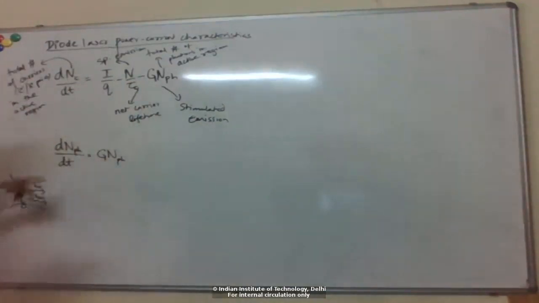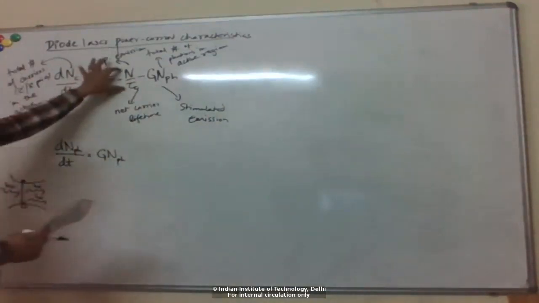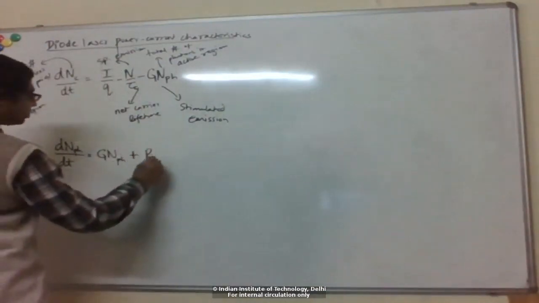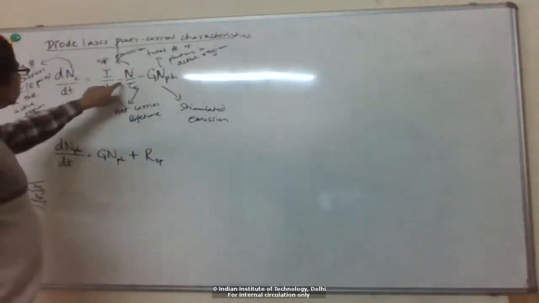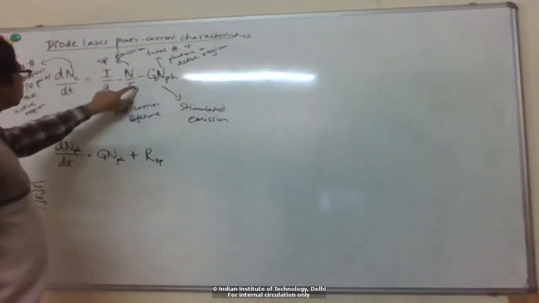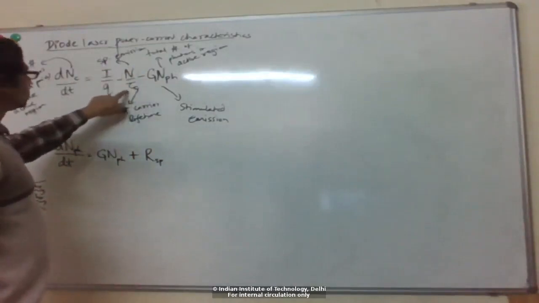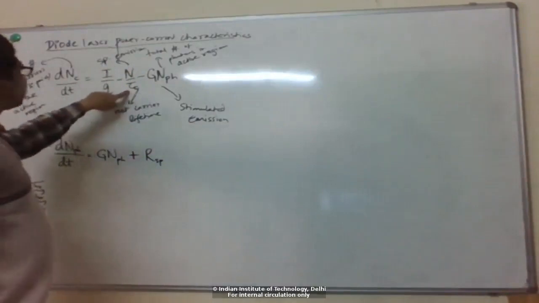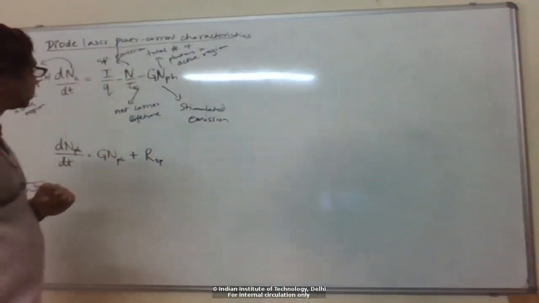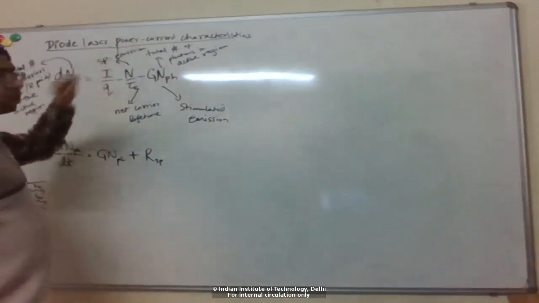Then how else can the number of photons increase? Again, by spontaneous emission. Though this is actually not entirely the spontaneous emission, because remember, this includes both the non-radiative and the radiative rate. Only a fraction of this is the radiative rate, which gives me spontaneous emission.